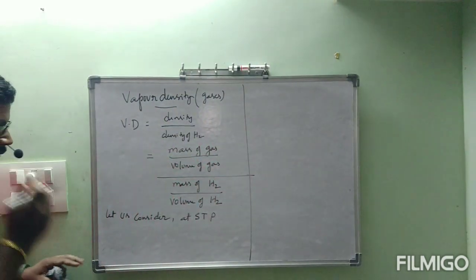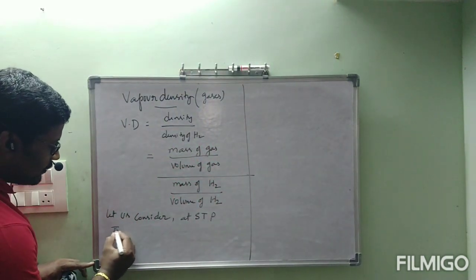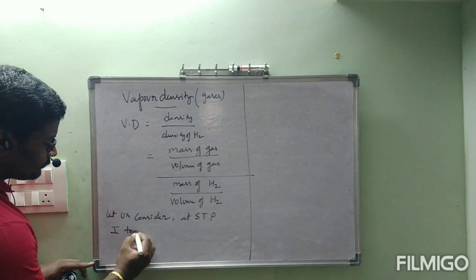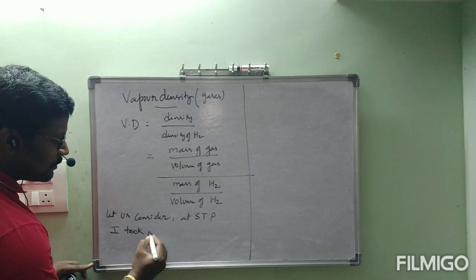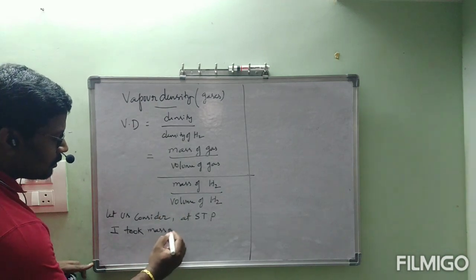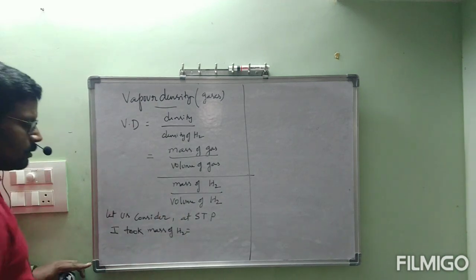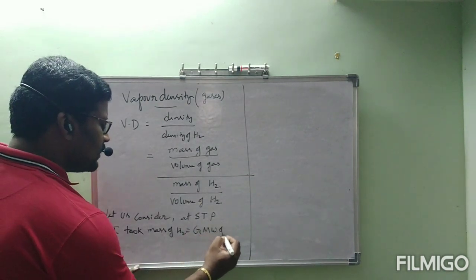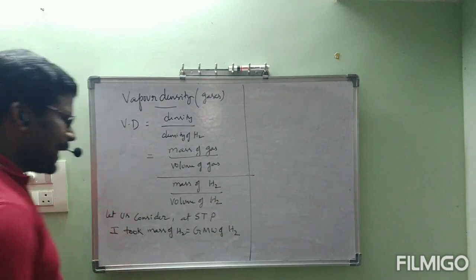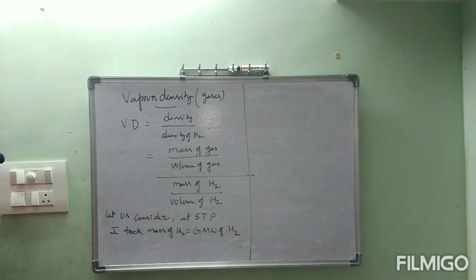Now let us consider at STP. I took mass of hydrogen is equal to gram molecular weight of hydrogen.